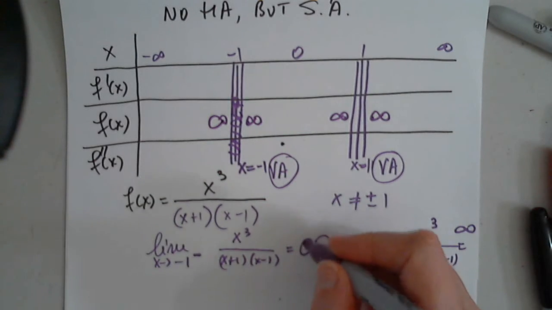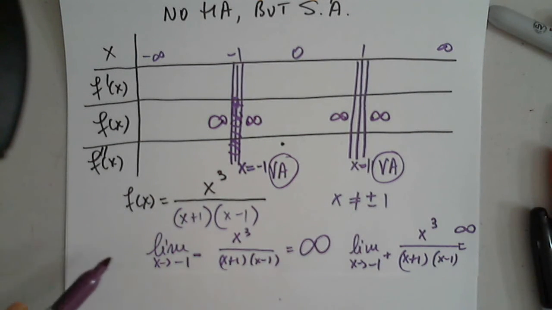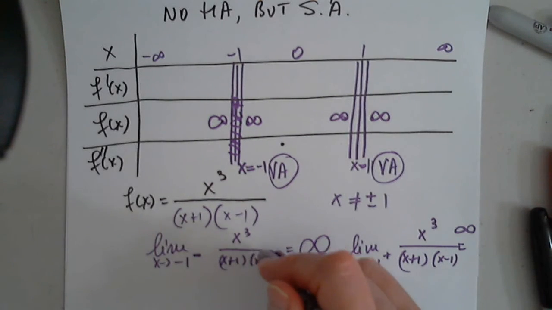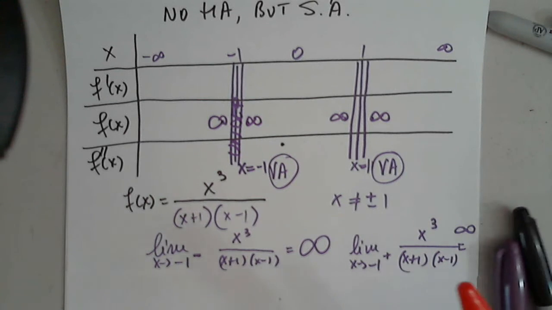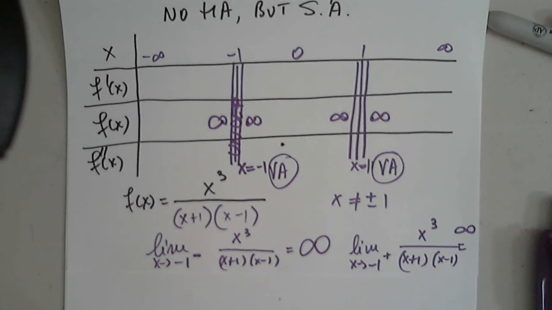I don't have any discussion there, but I don't know the sign. Can anyone give us the sign with negative 1 from the left? Imagine that you plug in negative 1.1 in all these x values and tell me the sign. Or you can put the function in the calculator. Would it be positive?